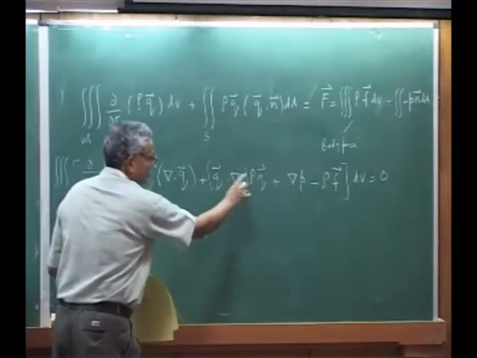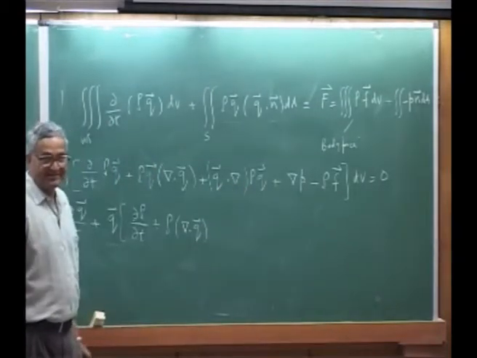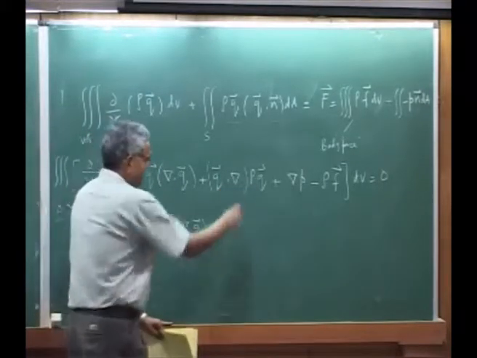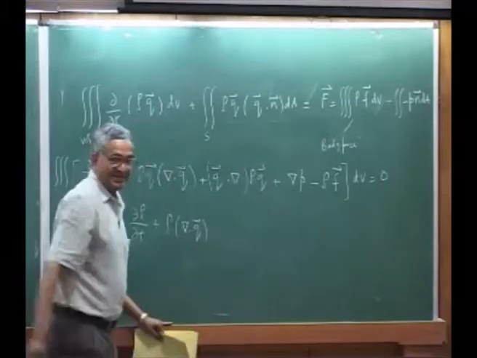Here I have to split it into two parts. One is I take rho in the derivative, another one rho treated as a constant, del Q I will take it.